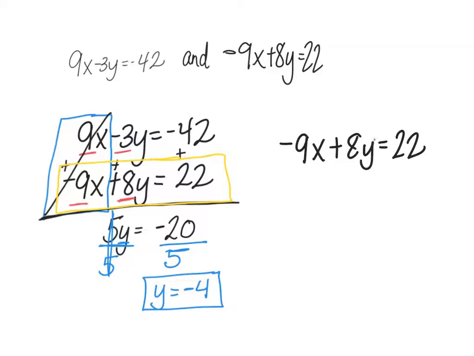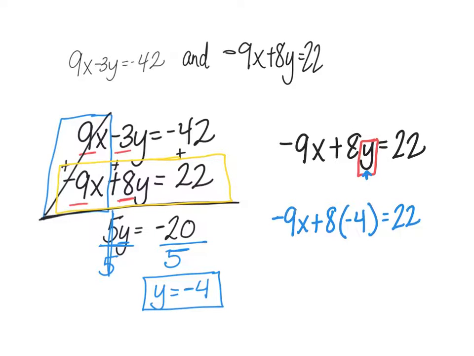I know what my y value is. So when I rewrite this equation, I'm going to rewrite everything exactly how I see it. The only difference is instead of a y, I'm going to put my negative 4 here. So here I go. I'm going to say negative 9x plus 8. I'm putting parentheses here and putting my negative 4 in the parentheses. I'm doing that to remind myself that I need to multiply.